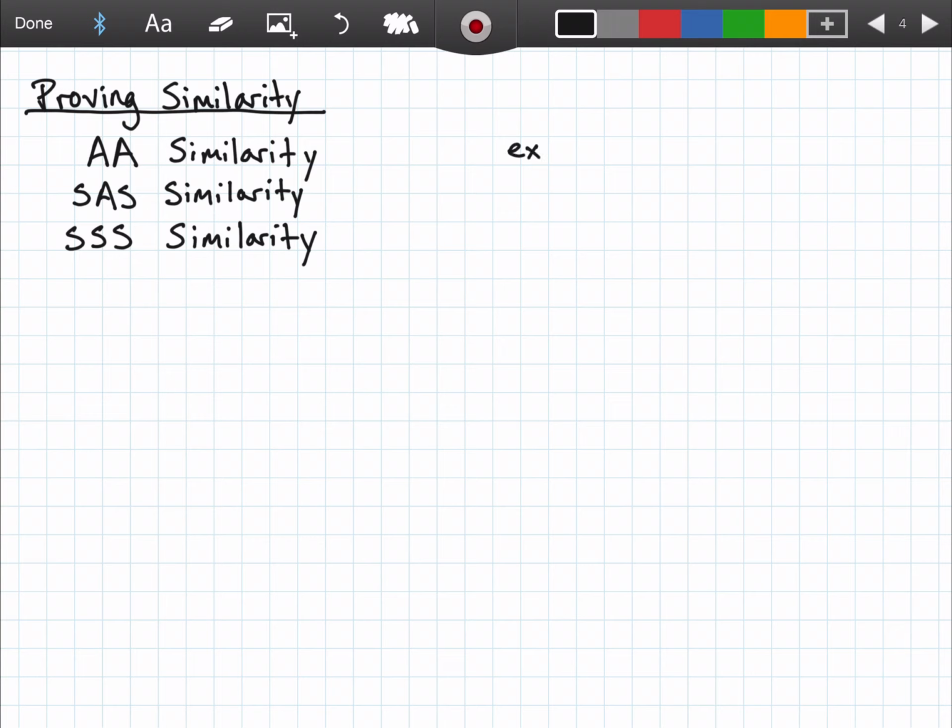And so if you have something like this, and let's call it J, K, L, M, N, and sure, I don't know.